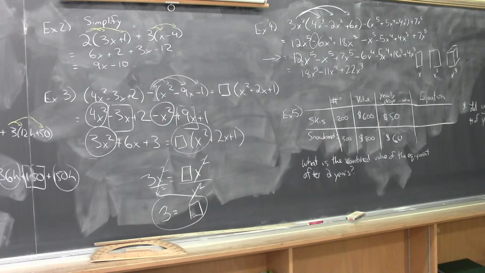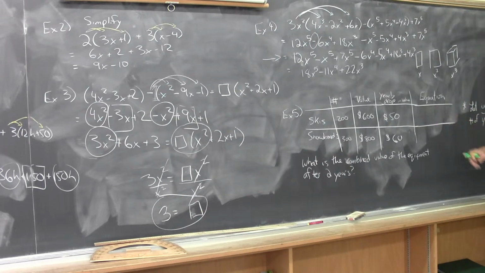That might be the hardest part of this problem, is just making that decision. What variable are you going to use? What is it going to represent? The number of years appreciated. Once I do that, now I can figure out my equation for the new value after 2 years. Or let's just do it after y years.